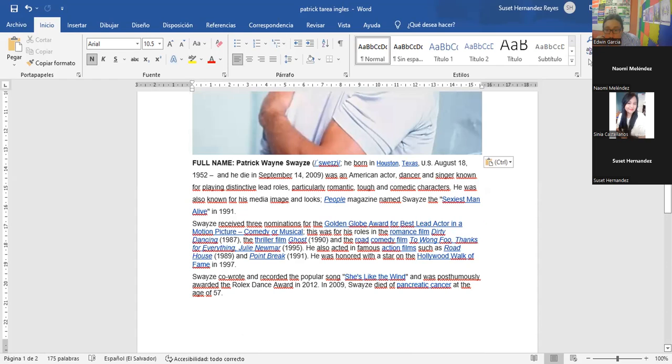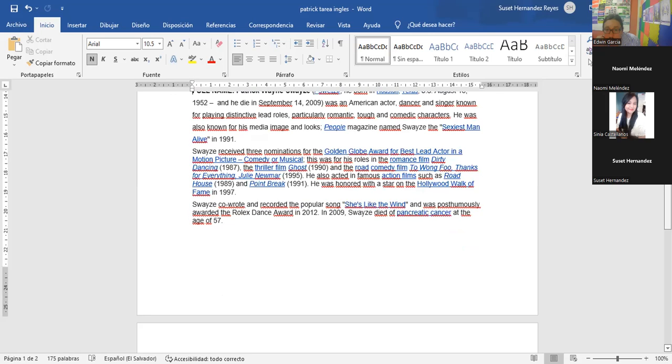Swayze received 3 nominations for the Golden Globe Award for Best Lead Actor in a Motion Picture Comedy or Musical. This was for his role in the romance film Dirty Dancing in 1987 and the thriller film Ghost in 1990. I think that is the most famous film of his.